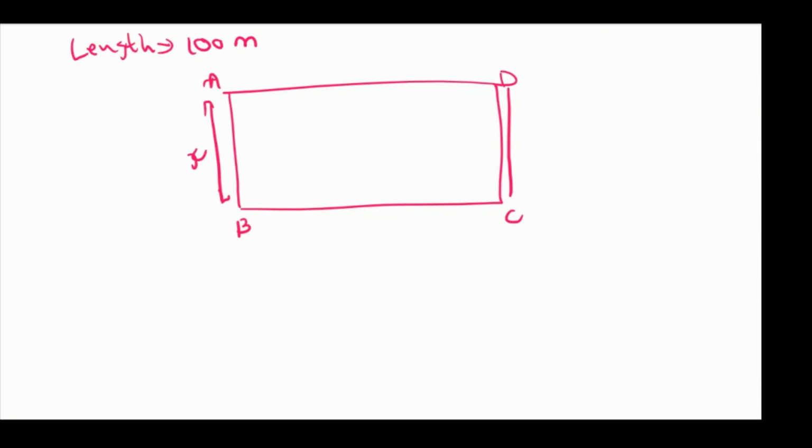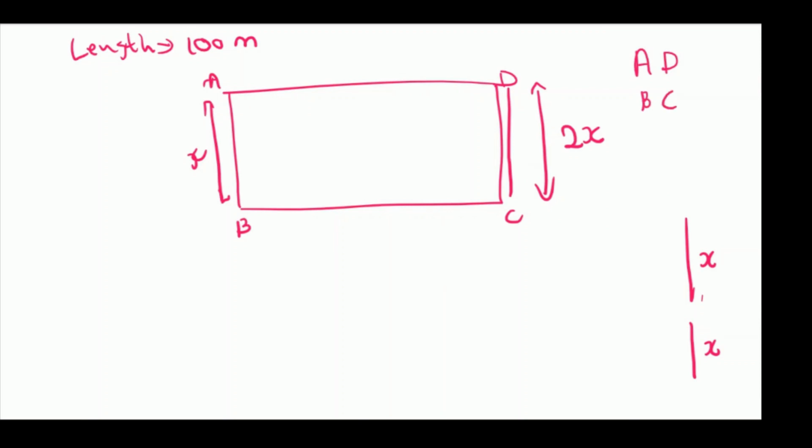And since it's a double layer, we can simply say it's 2x, because the first layer is x and the second layer is x, so you add both, it's 2x.